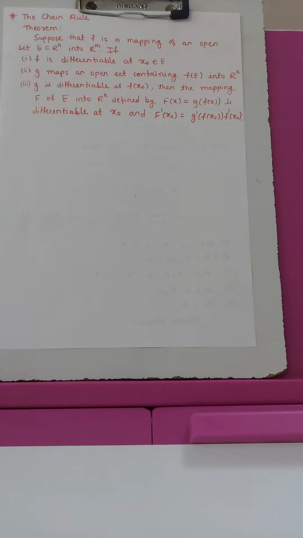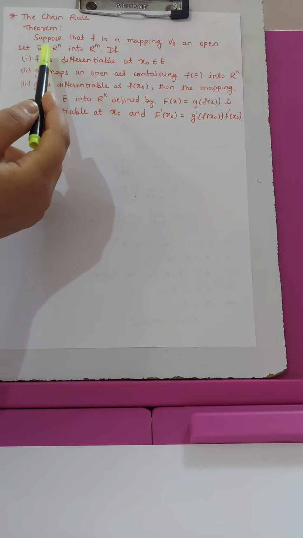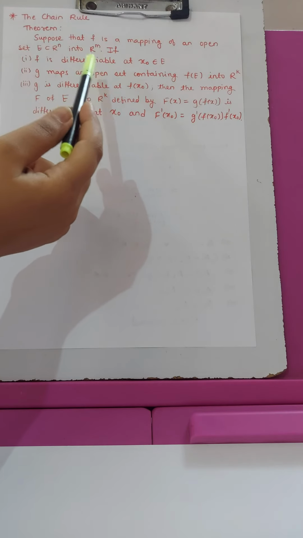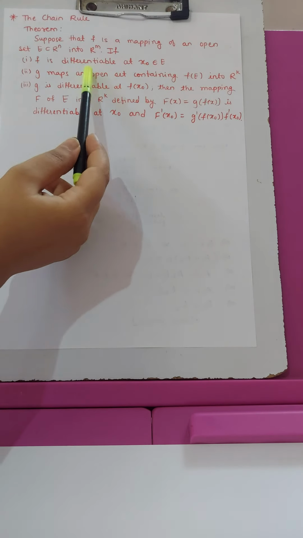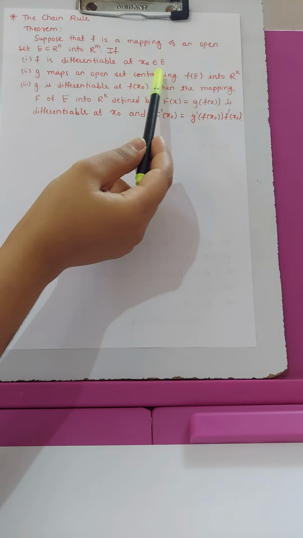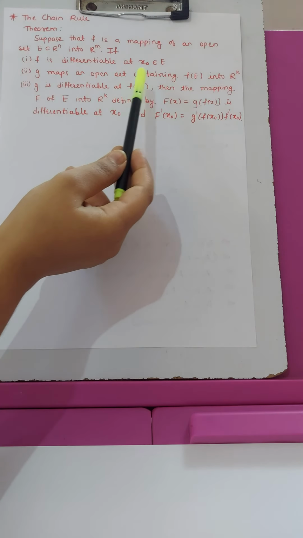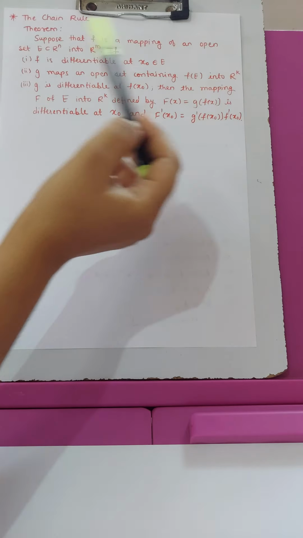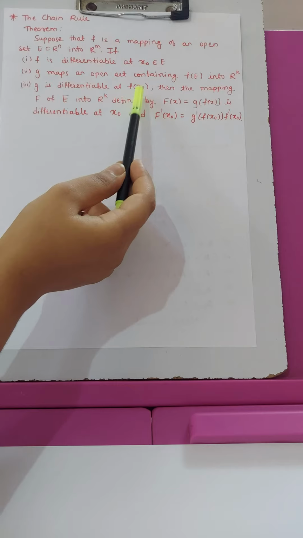So next is the chain rule, and the theorem states that suppose f is a mapping of an open set E which is a subset of Rn into Rm, and if these three conditions are satisfied, then the first condition is f is differentiable at x0 belongs to E. Second one is g maps an open set containing f of E into Rk, and third is g is differentiable at f of x0.